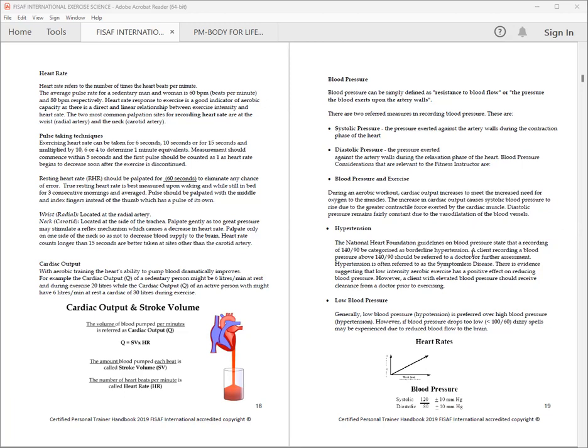Okay, and then we talked about the consideration as a trainer. Remember we talked about it. There is a difference when you start exercising. The systolic pressure, which is the contraction phase, will be slightly higher.